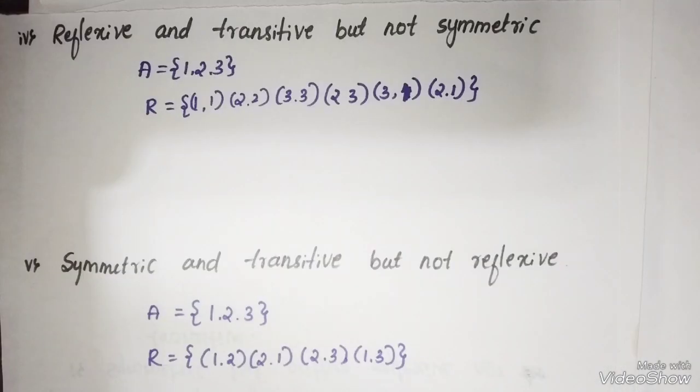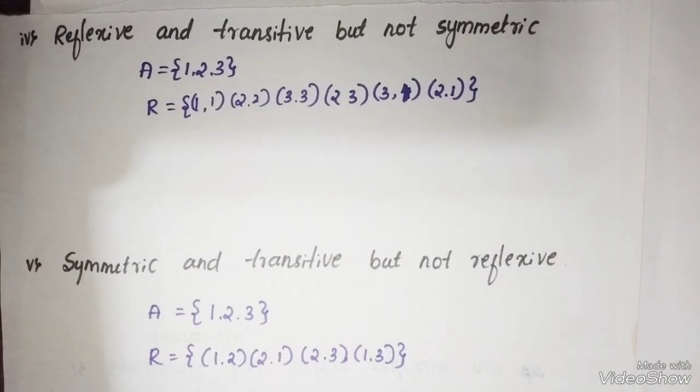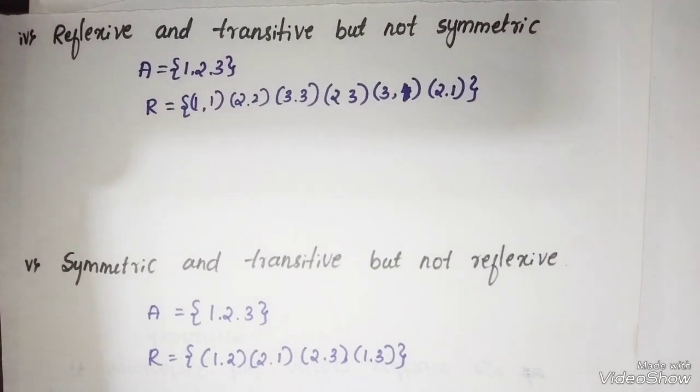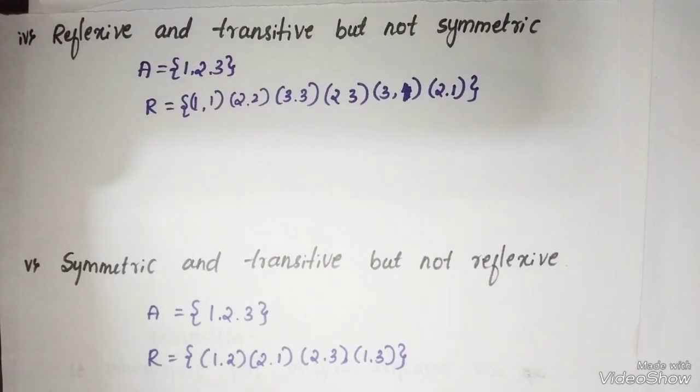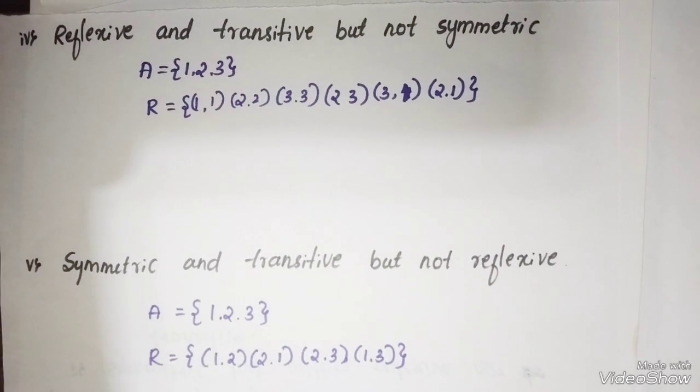Then transitive: (2, 3) and (3, 1) belong to R, hence (2, 1) also belongs. The transitive condition is obeyed, but the symmetric condition is not obeyed.